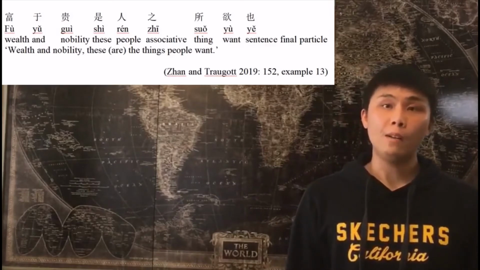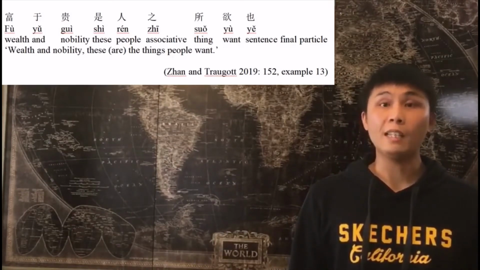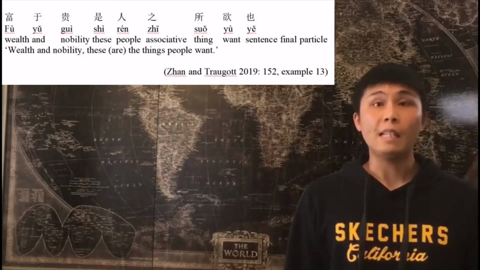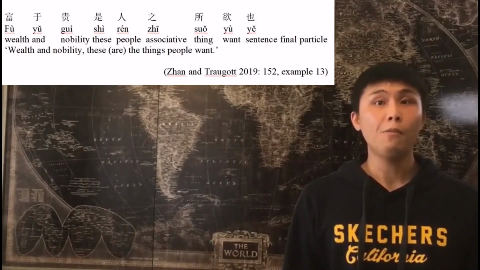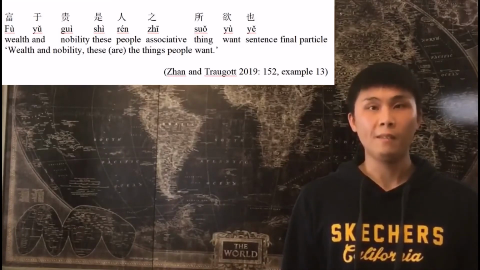Zhang and Traugott's 2019 study describes that the copular 是 in this example is a demonstrative pronoun that functions as an anaphor referring back to the preceding topic phrase, namely 富与贵, meaning wealth and nobility.